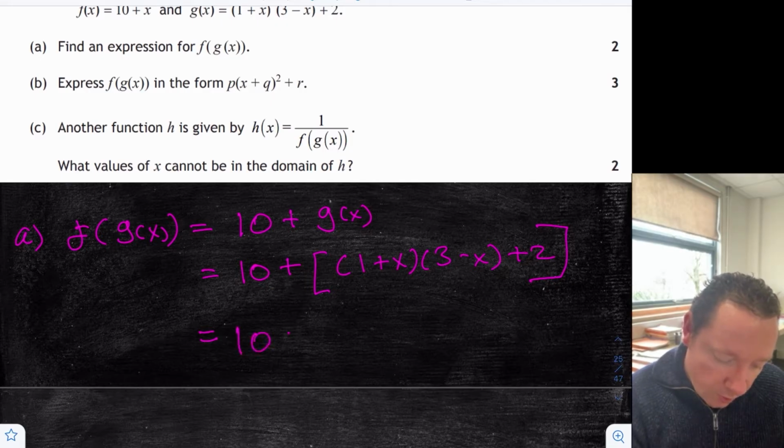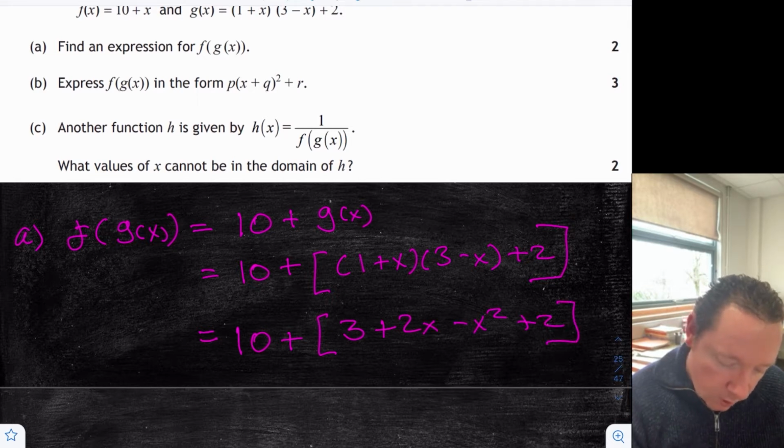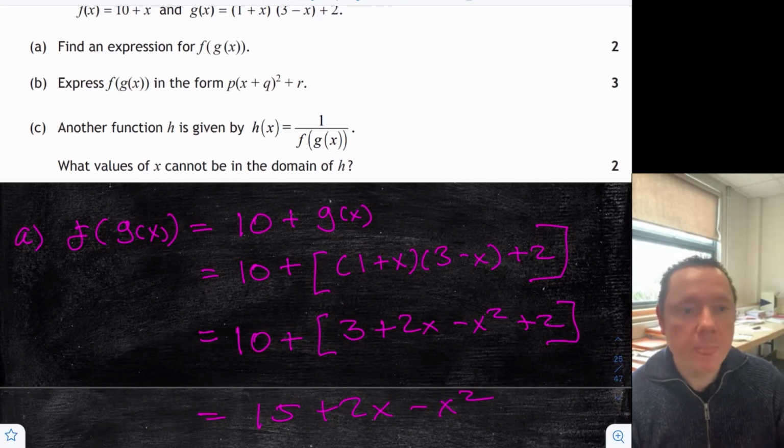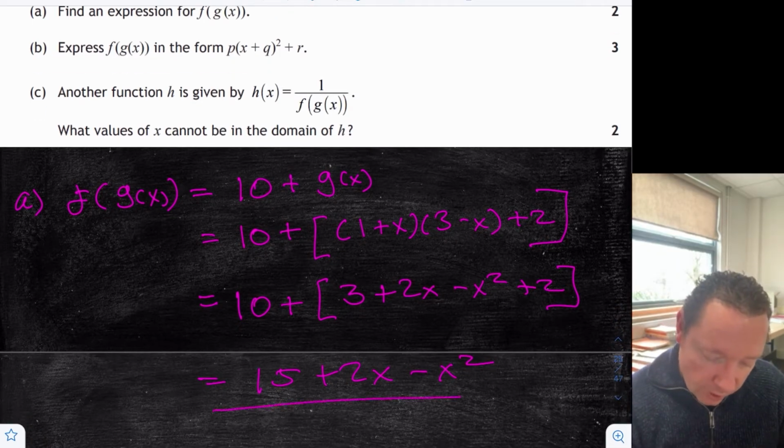That's 10 plus 1 times 3 is 3, minus x plus 3x is plus 2x, minus x squared plus 2. So that equals 10 plus 3 is 13, plus 2 is 15. So it's 15 plus 2x minus x squared. Or you can write that as minus x squared plus 2x plus 15. But I'll just leave it there.